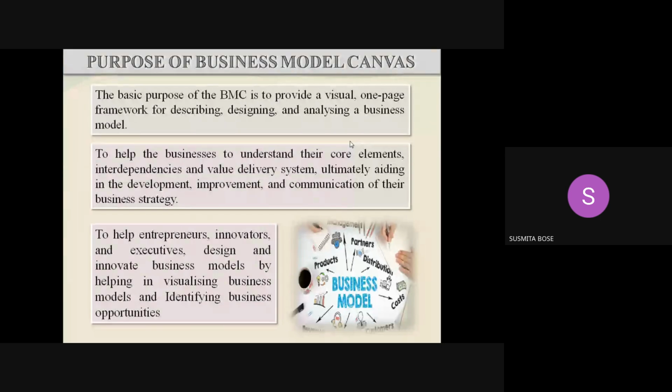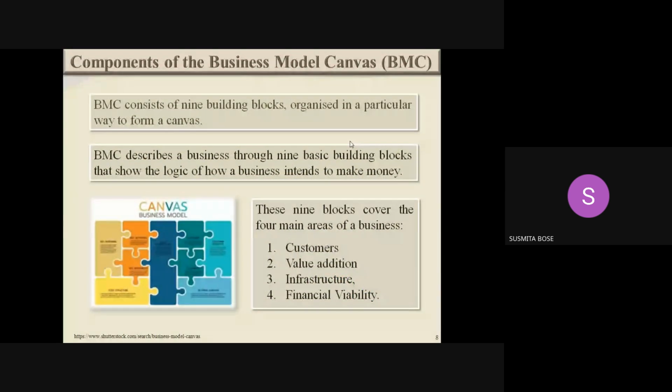It helps entrepreneurs, innovators, and executives design and innovate business models by visualizing them and identifying business opportunities. When you write down all the elements and their contributions on one page, it becomes easier to find opportunities, like doing a SWOT analysis.